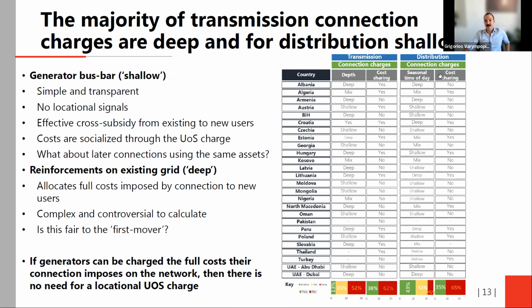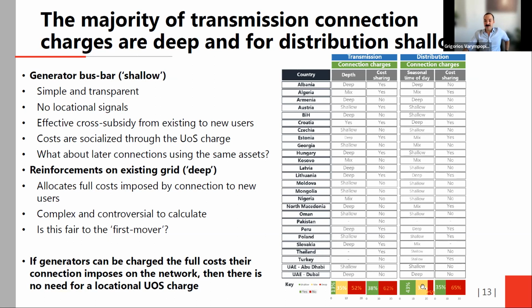Here, in the table, we see what the majority of the countries apply. For transmission, 52% apply a deep connection charge, 35% a mix of deep and shallow, and 13% a shallow charge. 62% of the countries do not allow for cost sharing among customers, and 38% allow for cost sharing.